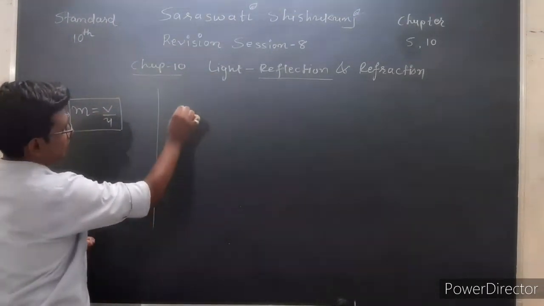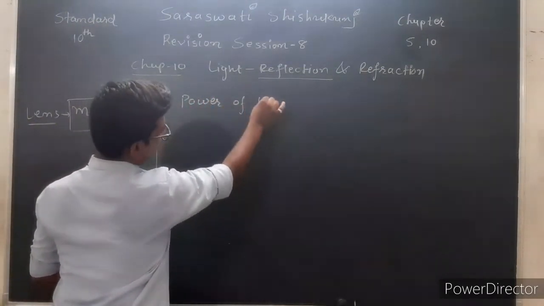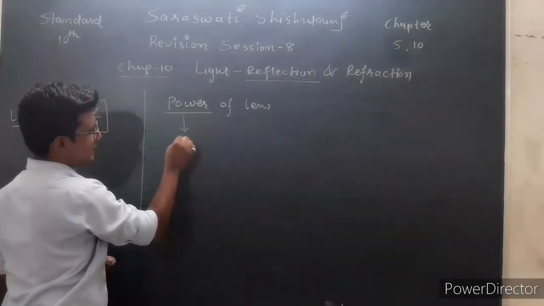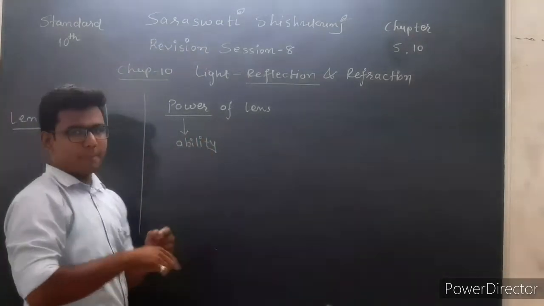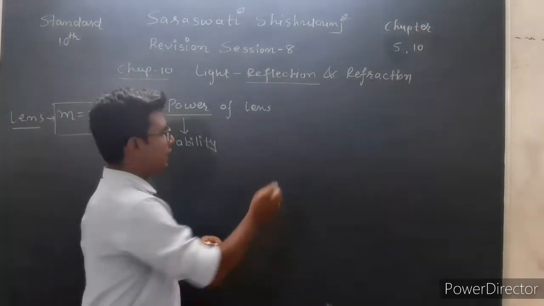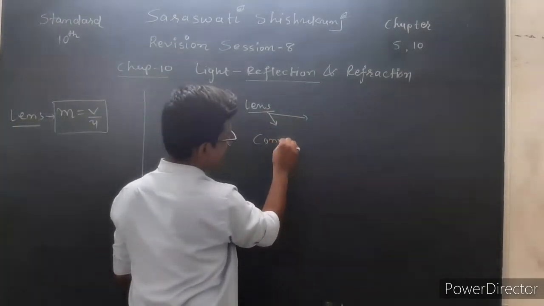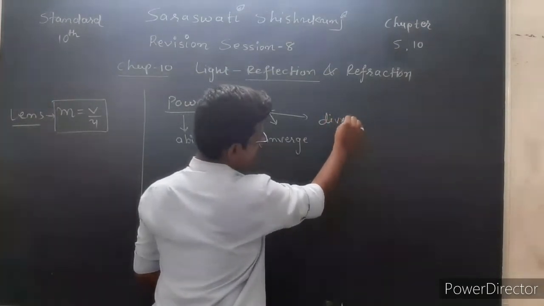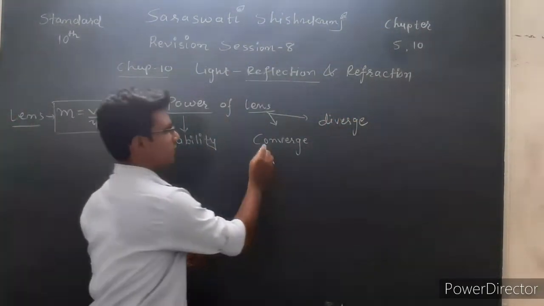Now, the most important topic, that will be power of lens. It's very simple. Power means what? Power means ability. Ability of lens. Now what can a lens do? Lens can converge or it can diverge. Now what is a converging lens?